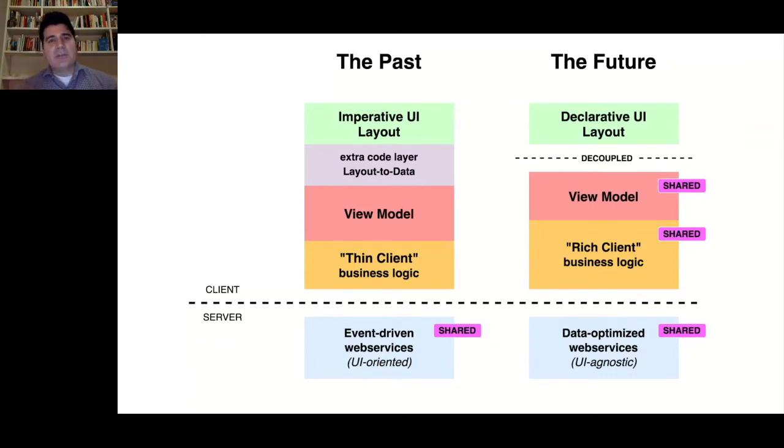And if you want to associate data coming from the view model with components, you always need an extra layer of code, the findViewById code, which couples the view model field data with the layout component.